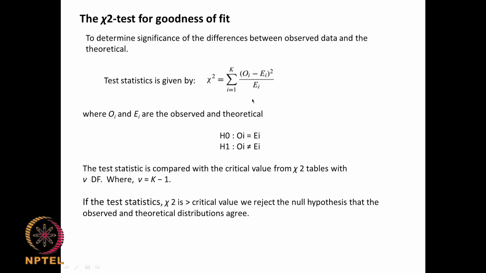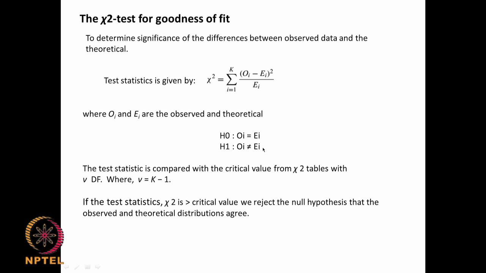Then we can use this for testing goodness of fit. I observe something but I expect something: observed minus expected, squared, divided by expected, and add up. The null hypothesis is observed equals expected, and the alternate is observed is not equal to expected.